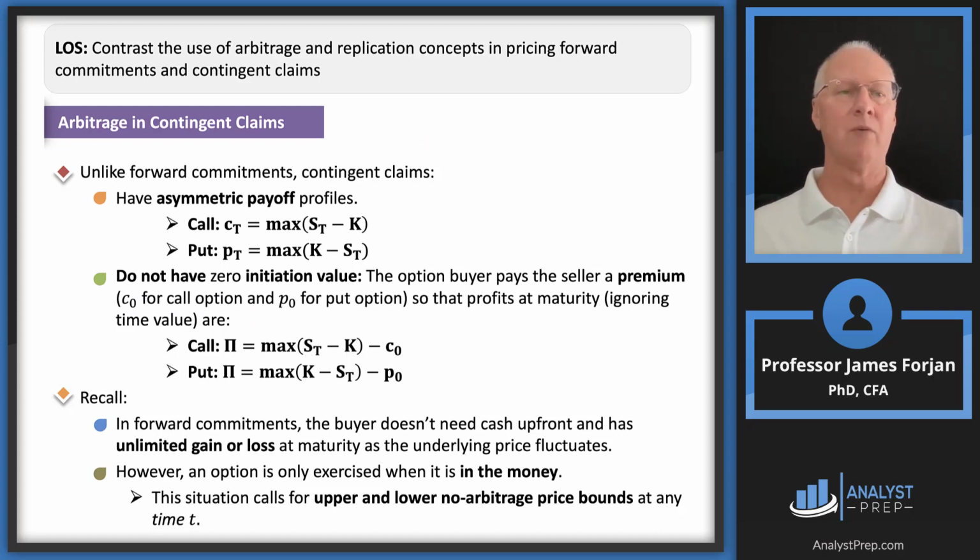Let's suppose that I write an option and the exercise price is $100, and the underlying stock price is $110. So I'm selling you the right, but not the obligation, to buy shares of stock from me for $100.